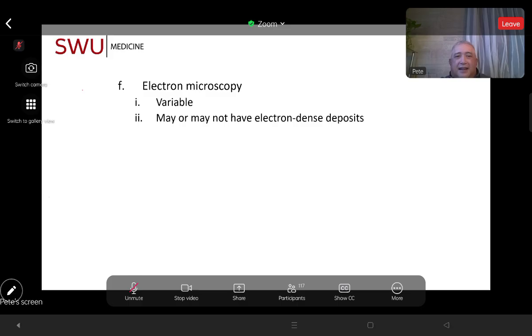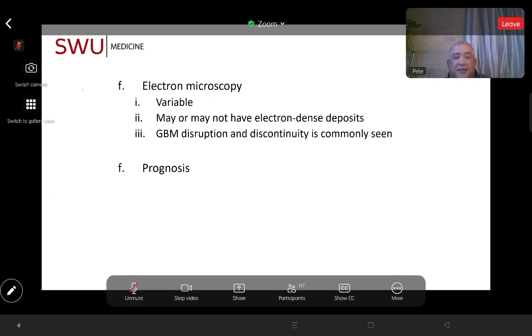And for electron microscopy, the result is variable. So when it's variable, it's not very important. So what is the source of your crescents? It is proteinaceous material from your parietal cells. Do you follow me? Okay.